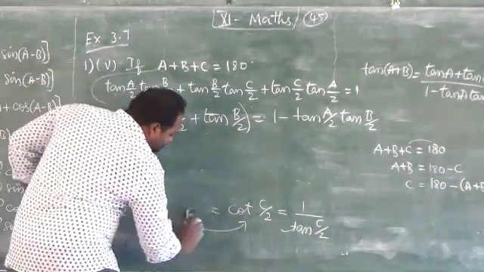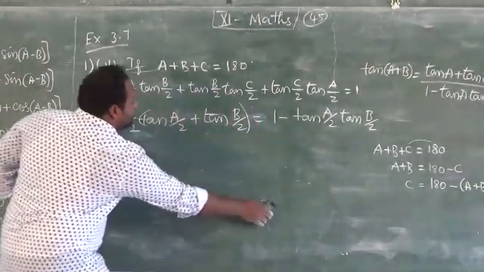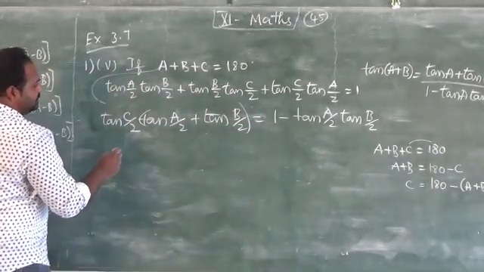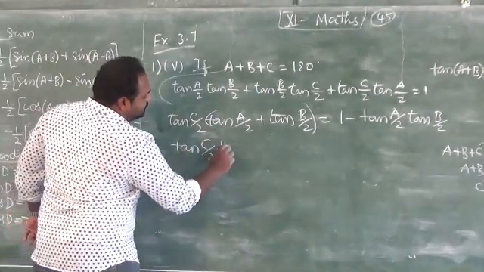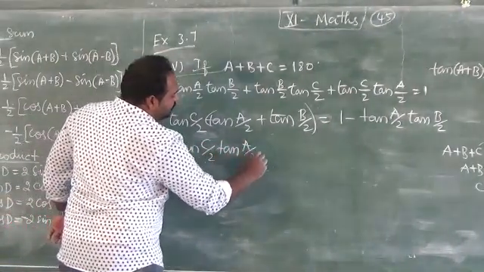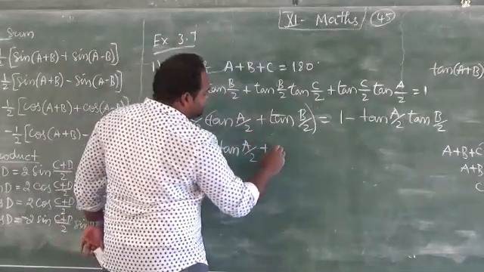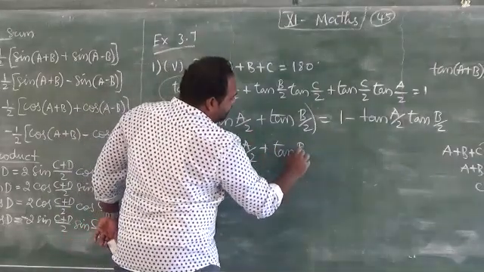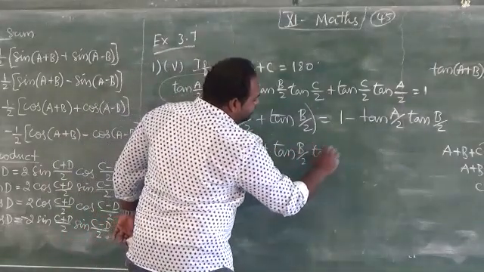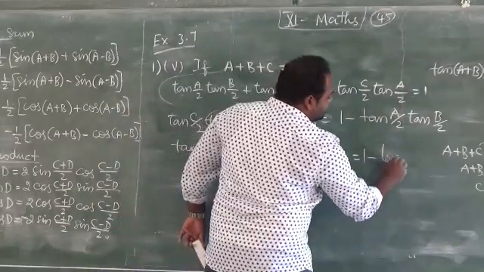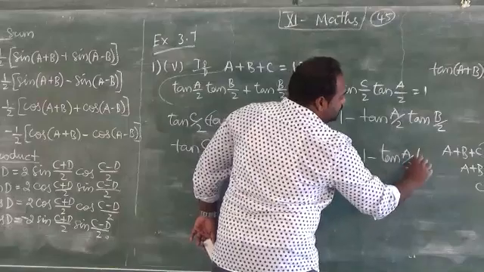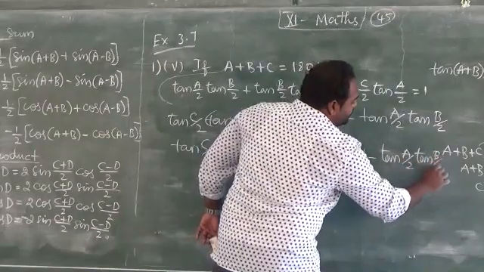Now multiply inside the bracket: tan C by 2 tan A by 2 plus tan B by 2 tan C by 2 equals 1 minus tan A by 2 tan B by 2.